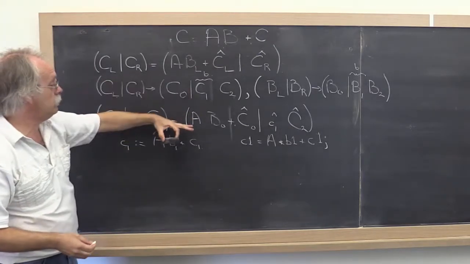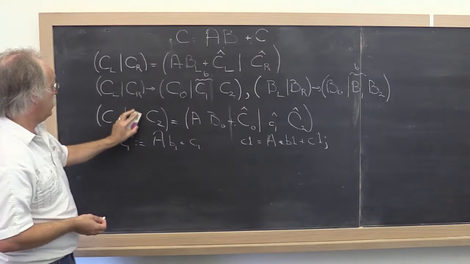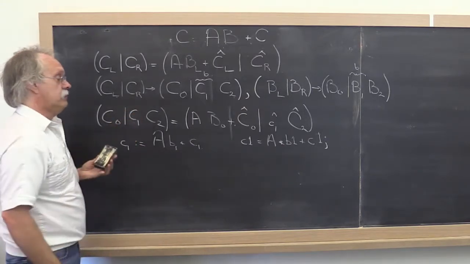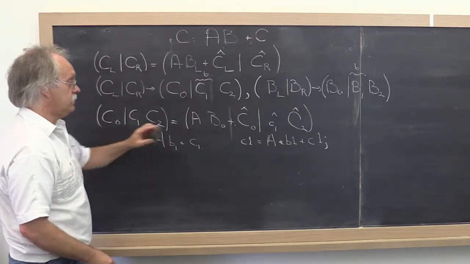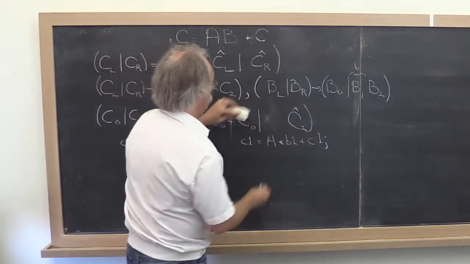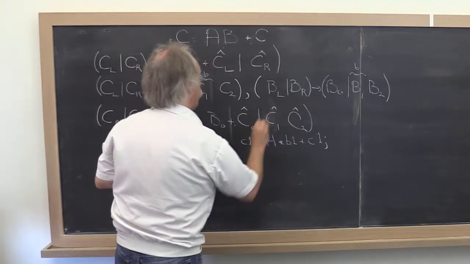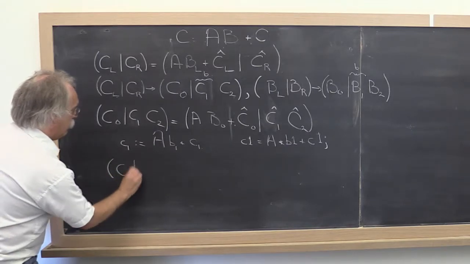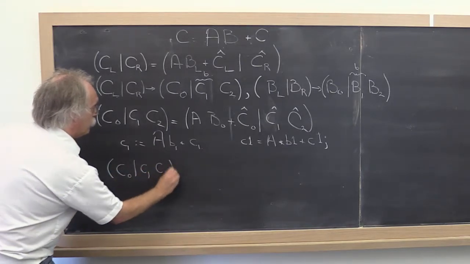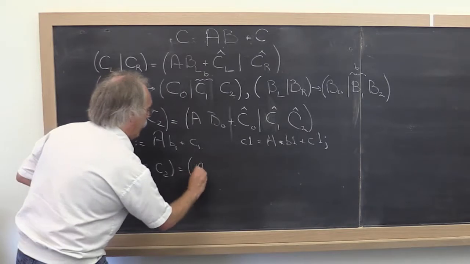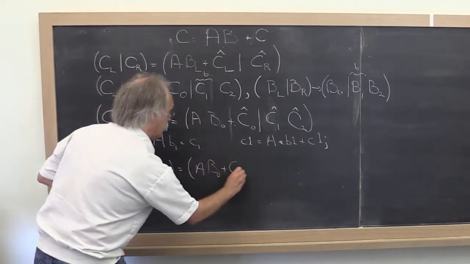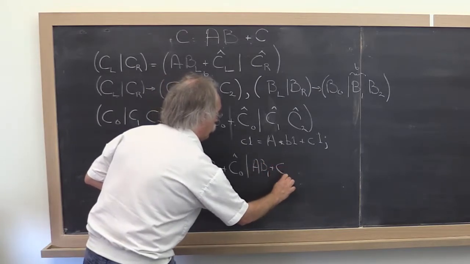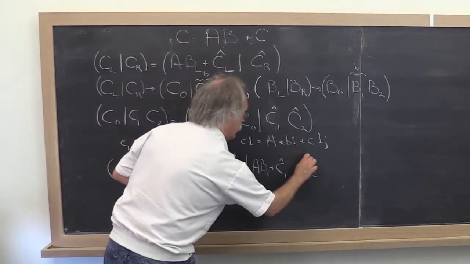You can do a textual substitution, and for the state before the update, step 6, you would get this and this. For step 7, if you worked it out, you would get C0, C1, C2 is equal to A B0 plus C0 hat, A B1 plus C1 hat, C2 hat.